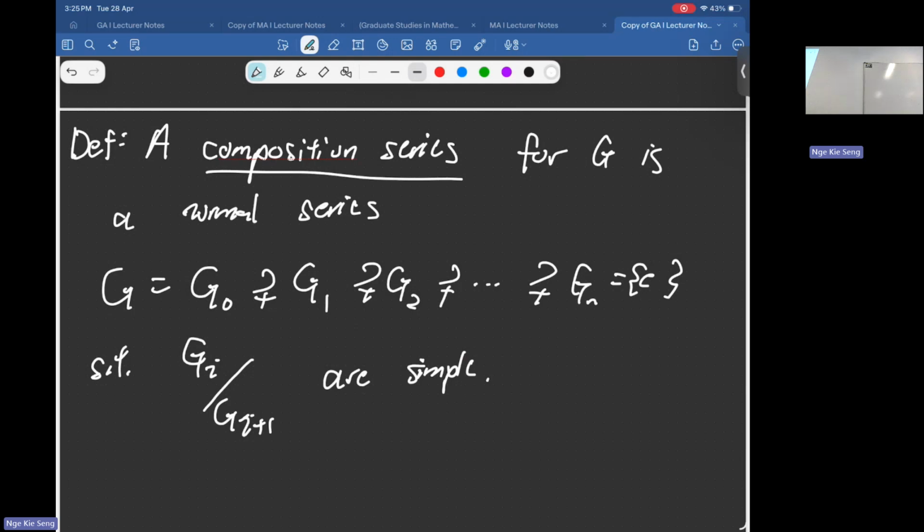Okay. Does that make sense? So there's no more normal subgroup squeezed in between these inclusions. You should think of these G_i as primes inside your group. Rather, you should think of this factor as simple, like a prime factor.